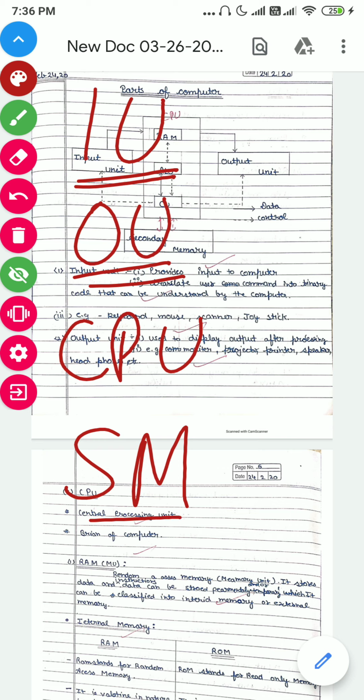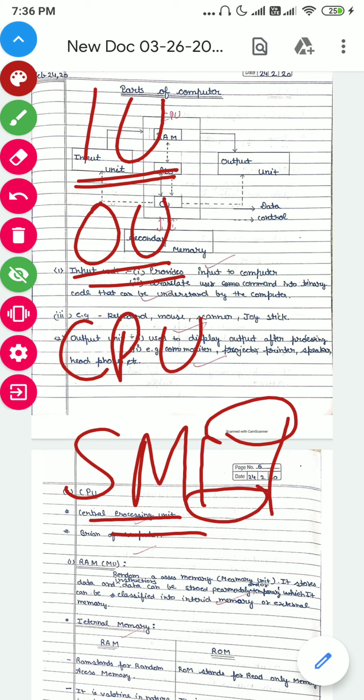Now secondary memory is that memory that we attach externally to our computer. For example, disk, though disk is embedded nowadays in our laptops and computers, pen drives, CDs, DVDs are all examples of secondary memory. Is it clear what is input unit, output unit, and secondary memory?